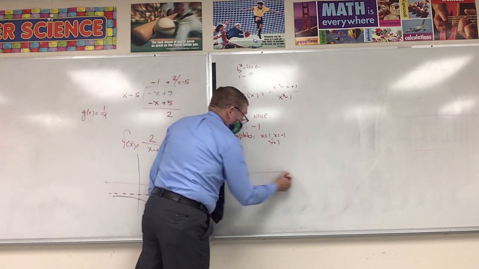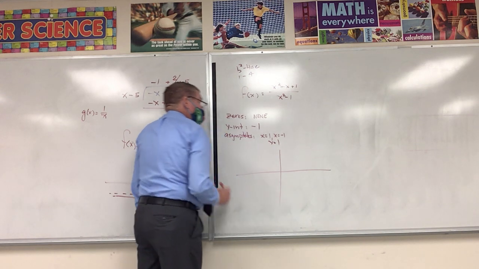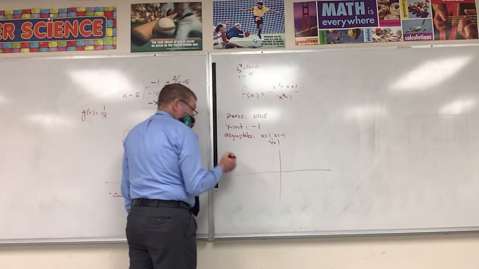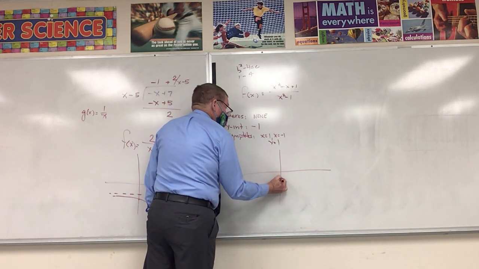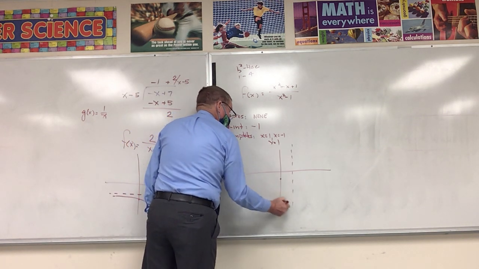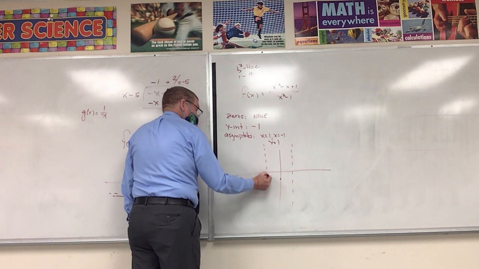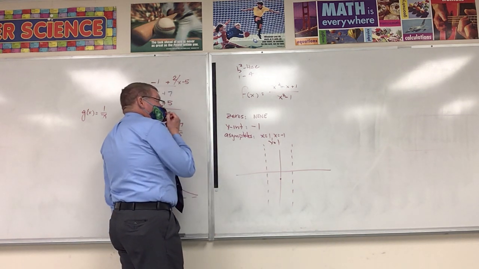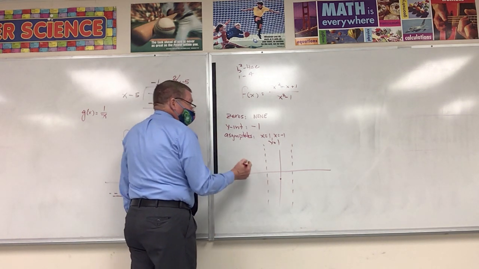So now I have the information I need to graph. No zeros, y-intercept is negative 1. Asymptotes, x equals 1, x equals negative 1, and I have a y equals 1.